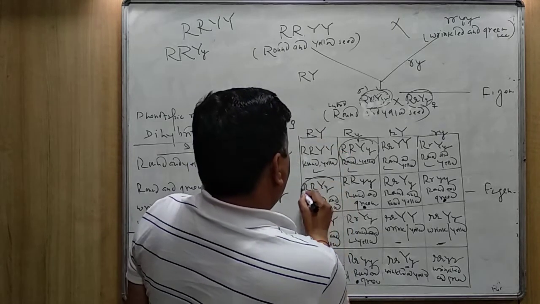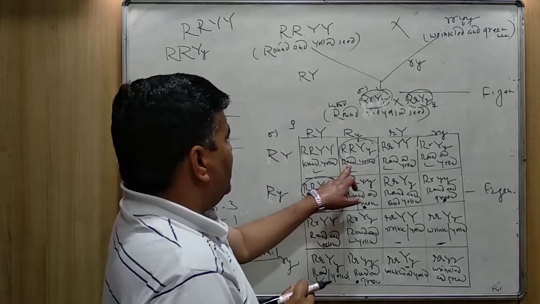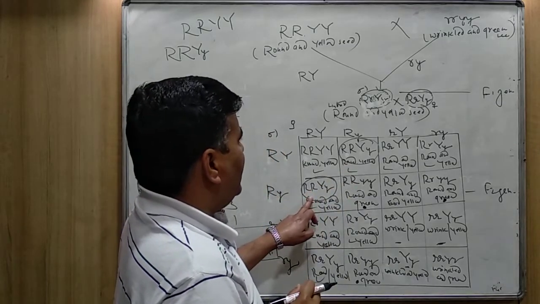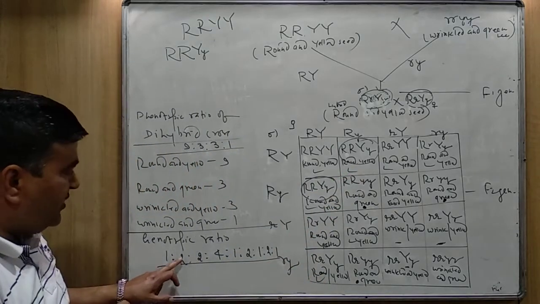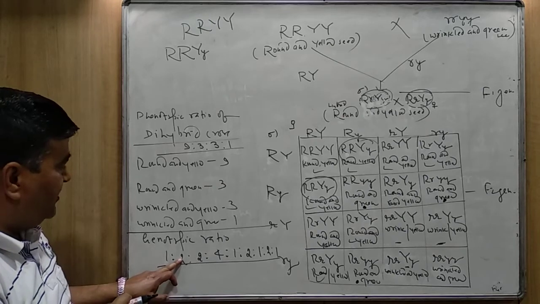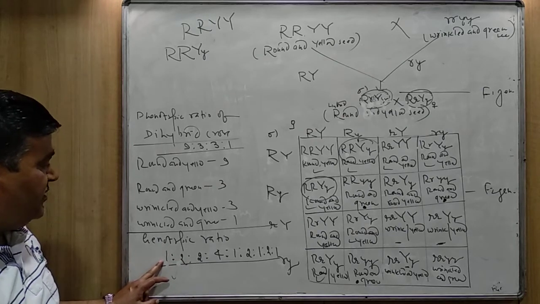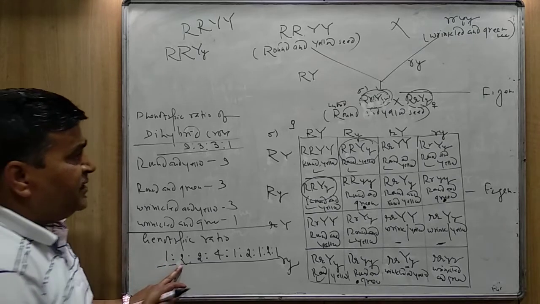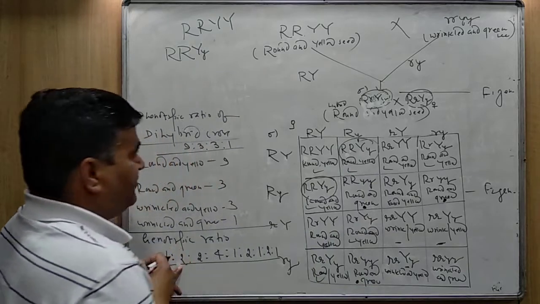Here also. So this one indicates pure round and pure yellow, and these two indicate pure round but hybrid yellow.